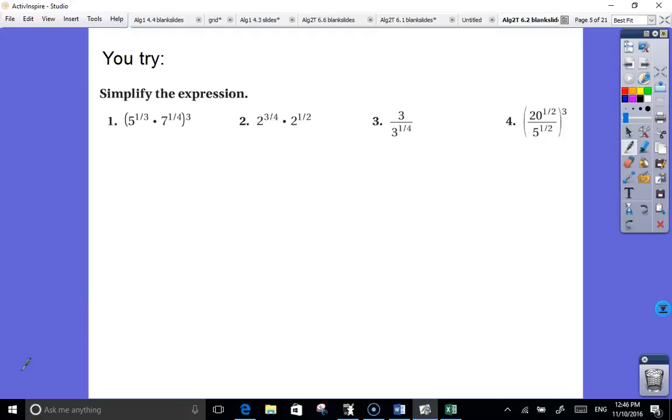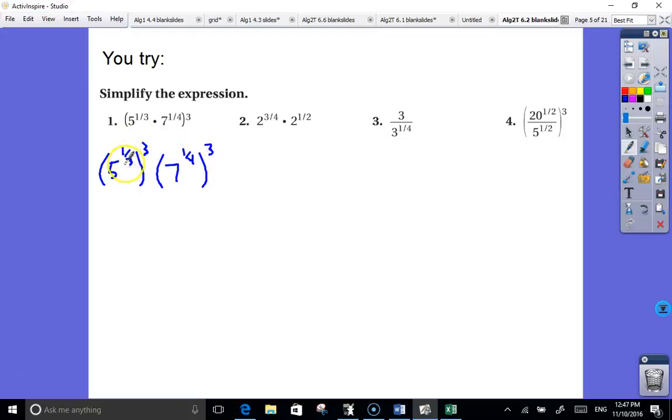Okay, so on the first one, what should you have done with that 3 outside parentheses? You distribute it, right? Now, what you can't do, you can't at any point in here multiply 5 times 7. The 5 and the 7 have different exponents, so there's no way you're going to be able to put those together. So this has to be 5 to the 1/3 to the 3rd, 7 to the 1/4 to the 3rd.